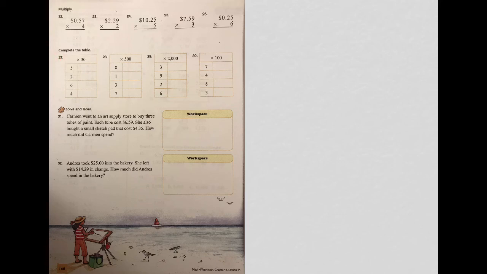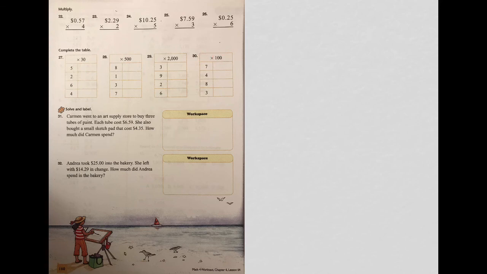For 27, 28, 29, and 30, you're going to look at the rule at the top of each table, and that's what you'll do with each of these numbers that are listed. So for number 27, it would be 5 times 30. What would that answer be? Then 2 times 30. What would the answer be? And so forth. All right, so you'll follow these rules on top of each table.